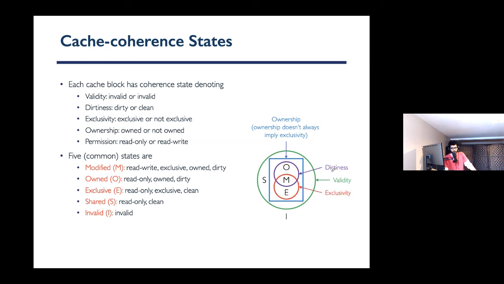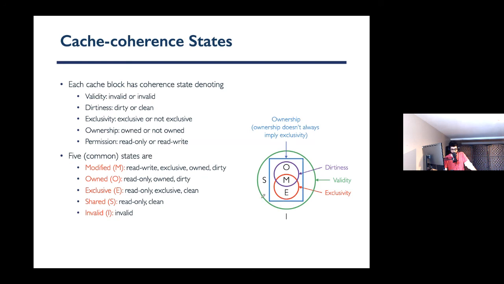And then if you have it in E or M, that says that you have it with exclusivity. So it's exclusively for you if you have it in E or modified. Because if you're modifying a memory location, because of the first invariant, which was single writer, 0 or more readers, if you're modifying, you're that single writer. So you exclusively have access to this and nobody else has. You can get that exclusivity with just the state E.